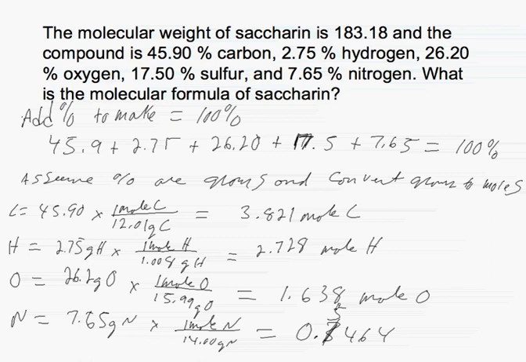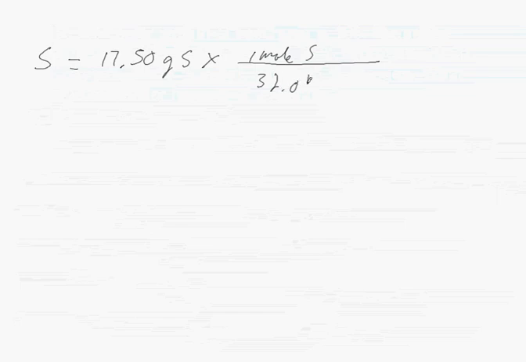And the last one we need to do is sulfur. Sulfur is equal to 17.50 grams of sulfur, and for every 1 mole of sulfur I have 32.01 grams of sulfur.